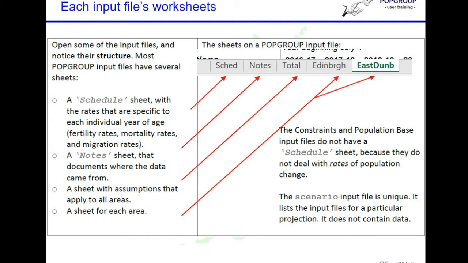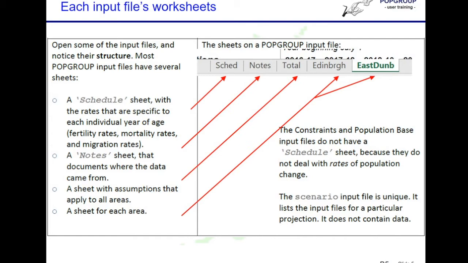So this is a sheet with the assumptions that apply to all of the areas that we have included in our model. And we have a sheet for each area. So in this case, a sheet for Edinburgh and a sheet for East Dunbartonshire, which contain assumptions around fertility, mortality, and migration for these particular places.